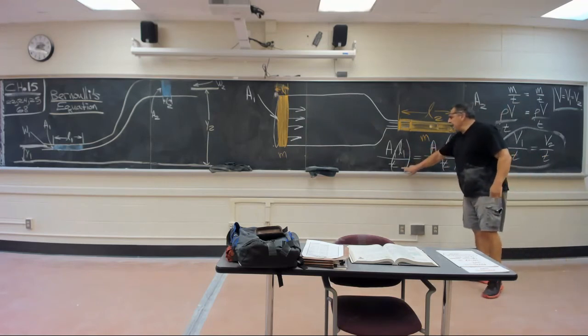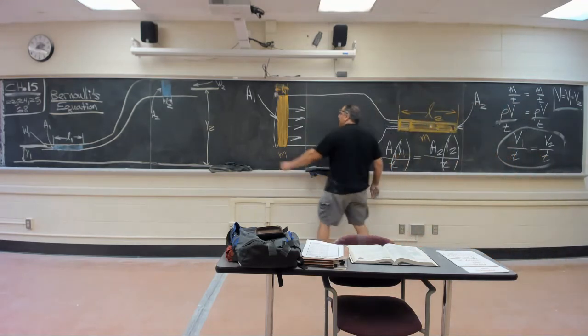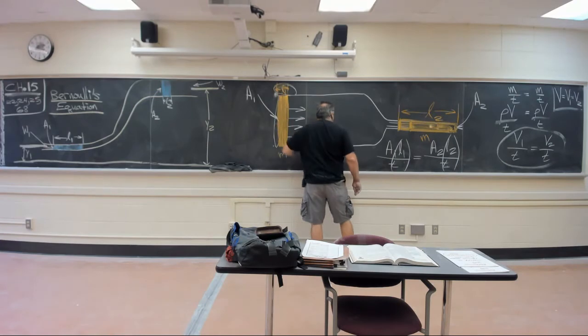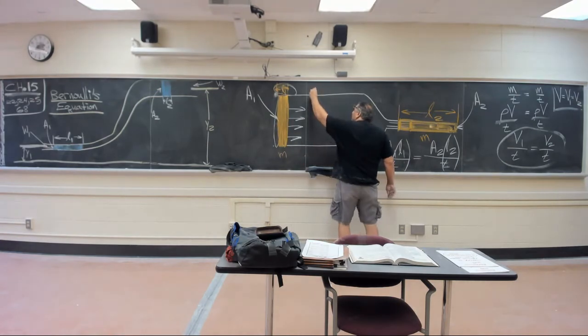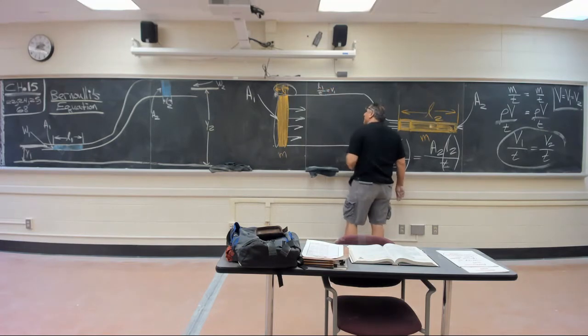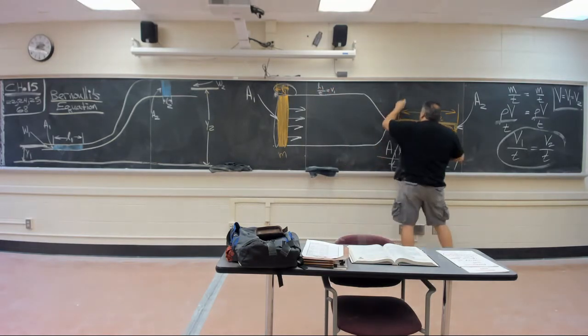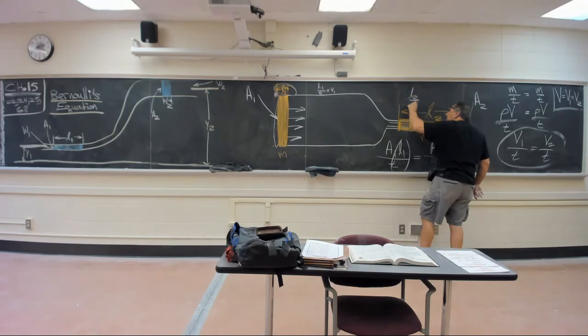What is length divided by time? In time, 1 second, you went that far. L1 over T is small v1. L2 over T is small v2.